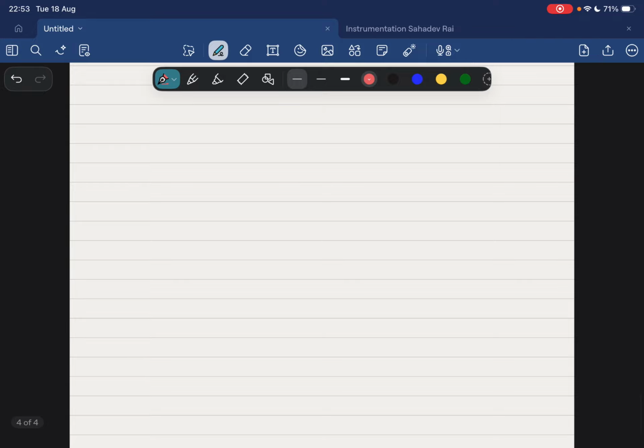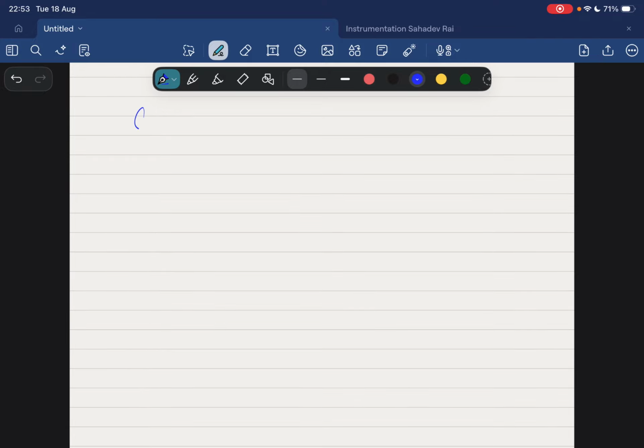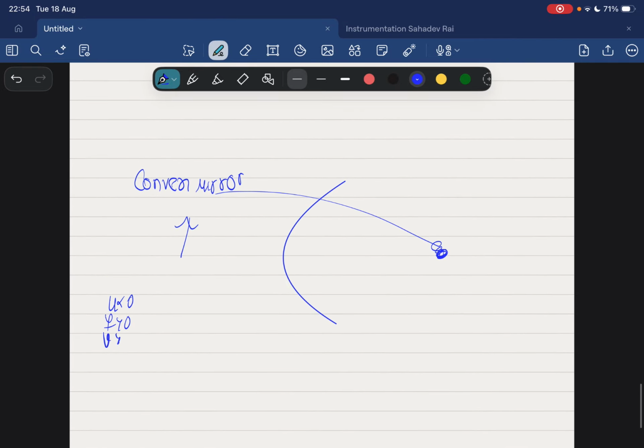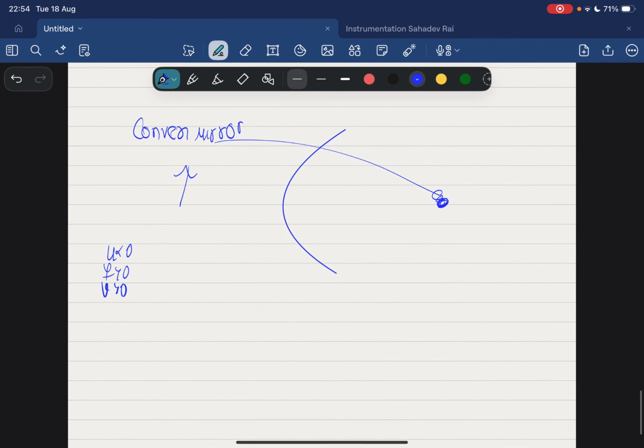So about the convex mirror, we have this, right? Now we have the object right here, u is smaller than 0. We have the focus behind the mirror, so f is greater than 0. Then the image is also formed behind the mirror, which is v is greater than 0, which is still the virtual image, but it's formed behind the mirror.